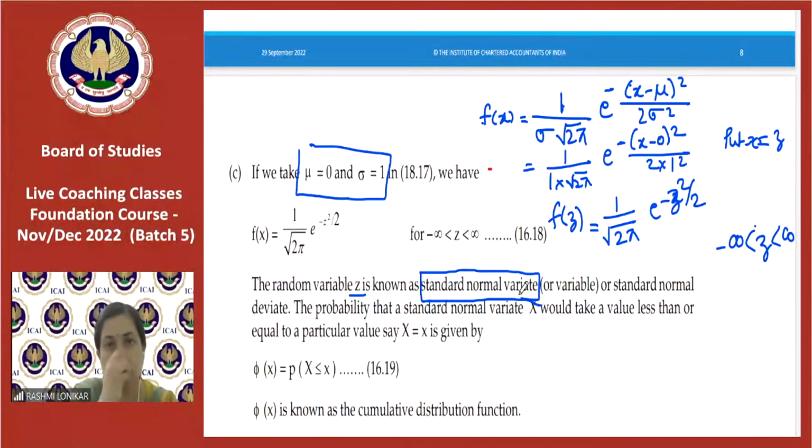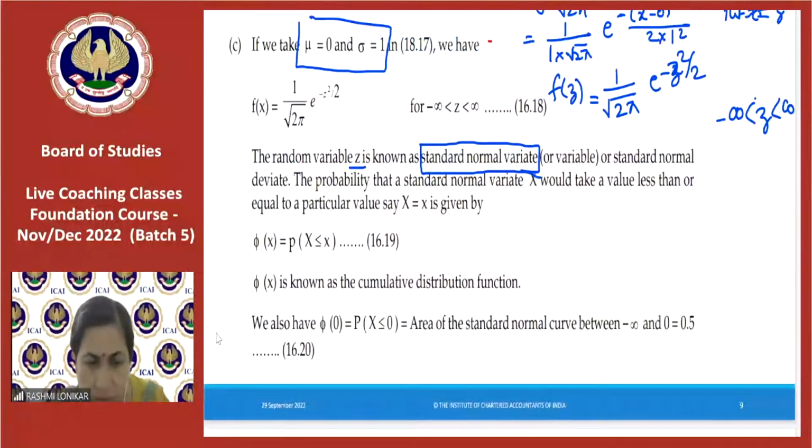So when they tell you that this is a standard normal variate, remember that they mean z, where the condition is that mu is equal to 0 and sigma is equal to 1. Okay. And this is how they've written. So don't get confused with the symbols. If you are referring to some other book, the symbols may be different, but the concept has to be the same.